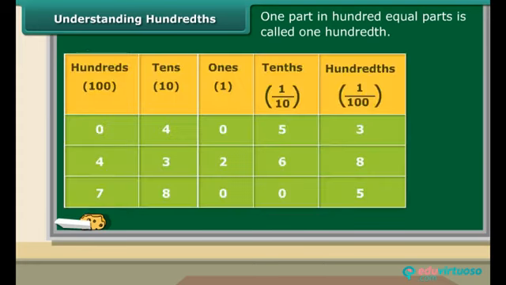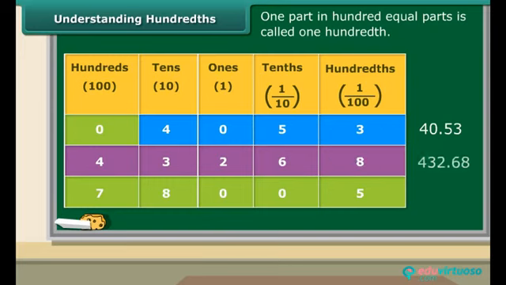Now concentrate on the table and let us read decimals from it. Look at the first row. 40 plus 5/10ths plus 3/100ths will make 40.53. Now focus on the second row. 400 plus 3/10ths plus 2 ones plus 6/10ths and 8/100ths will make 432.68.